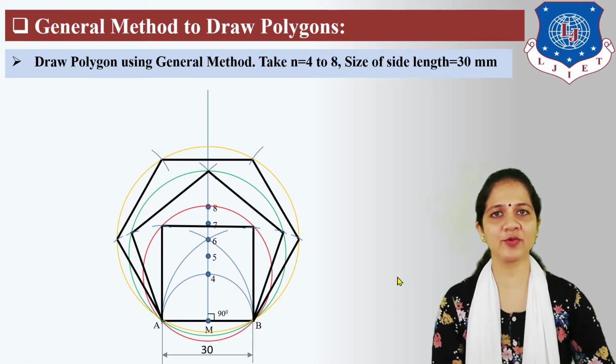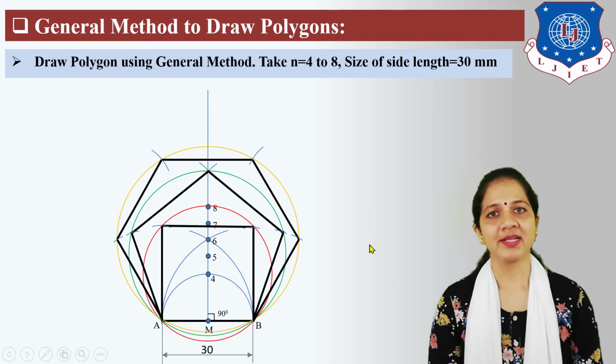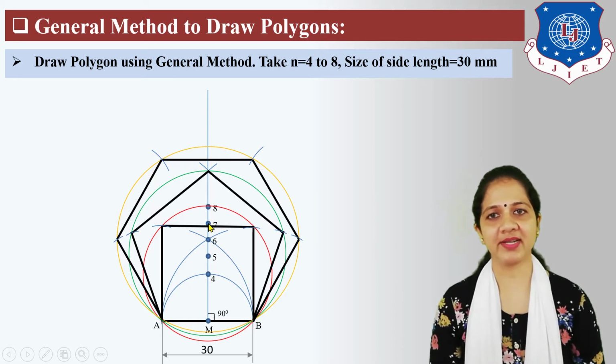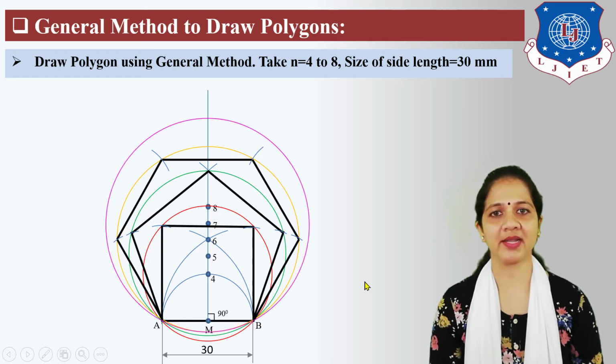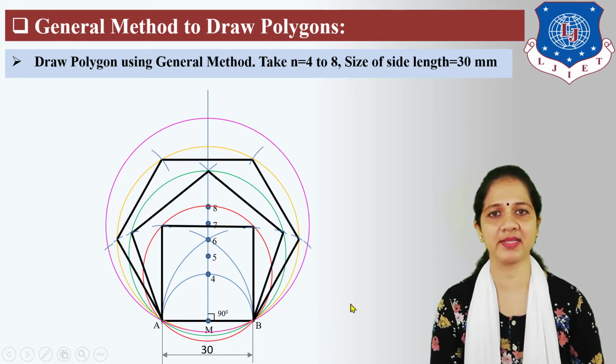Next, if you want to draw a heptagon, then select center 7, radius 7A or 7B, and draw a circle. Take radius 30 mm, center A, and cut one arc on the heptagon circle. Similarly, from center B, cut another arc on the heptagon circle.